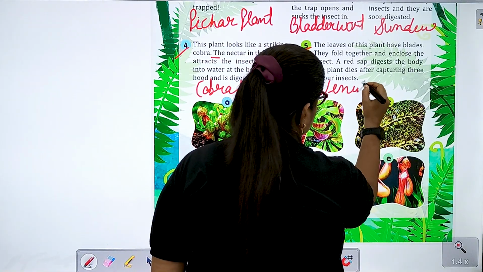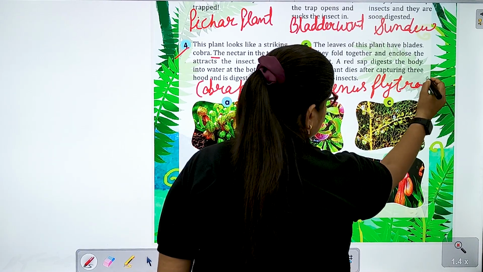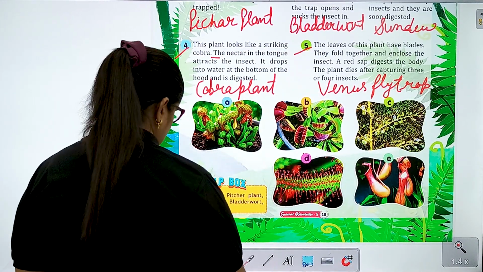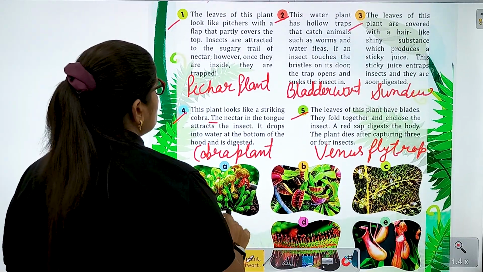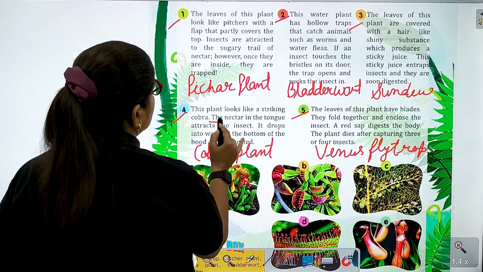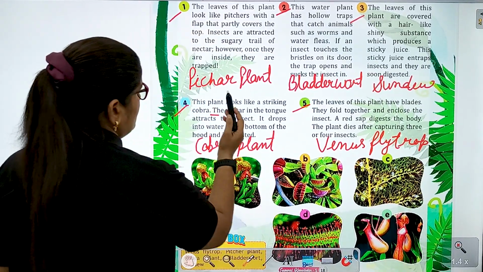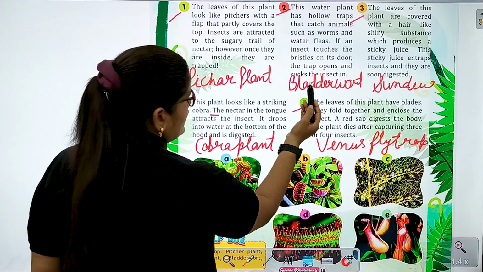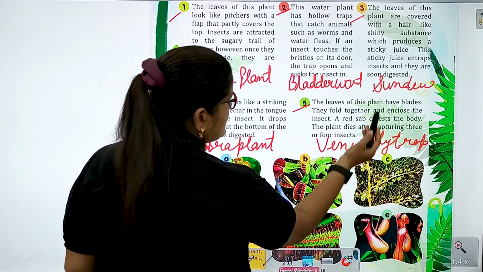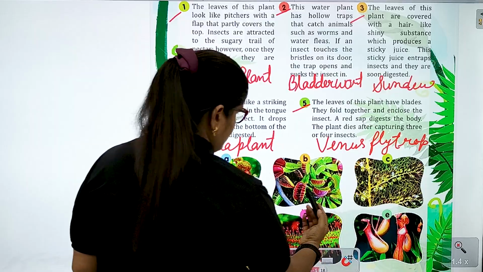This one. Okay, so number 1, pitcher plant is this, bladderwort is this, sundew is this, cobra plant is this, and Venus flytrap is this.